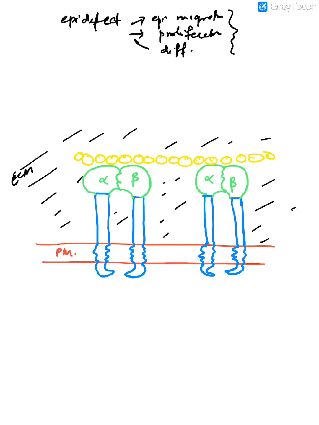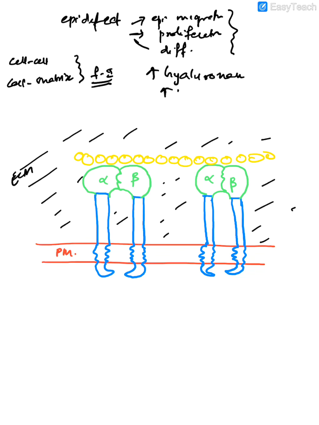These things are achieved by the changes in cell to cell and cell to extracellular matrix interaction, which is achieved by the fibronectin integrin system. There is an increase in the hyaluronan, and there are increased proteolytic enzymes which modulate the extracellular matrix.